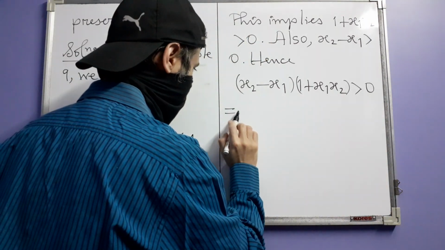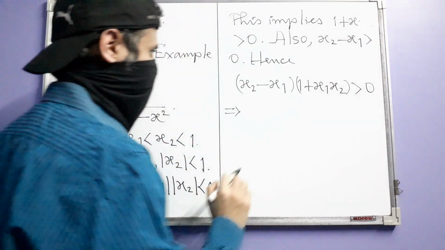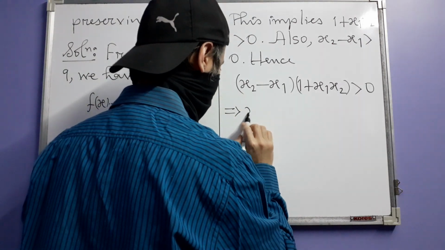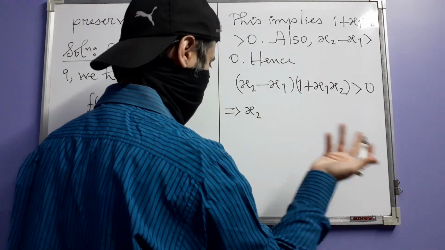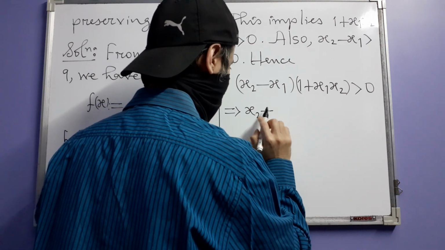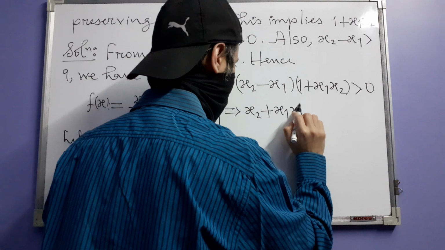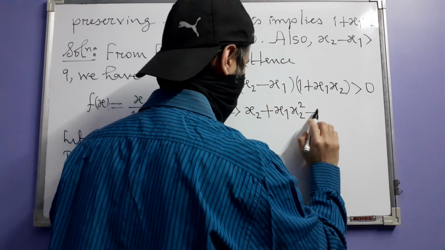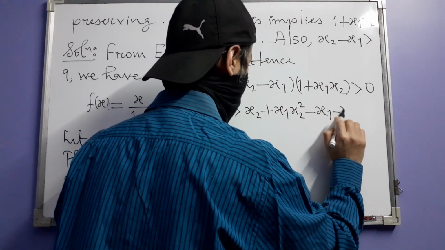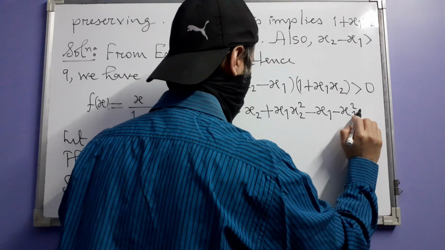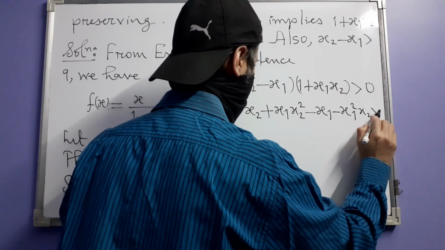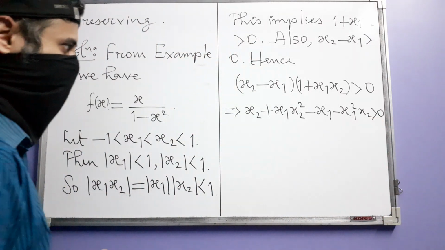Now let me do the multiplication actually. So if I multiply by x2 using distributive law, usual stuff, then I get x2 plus x1 x2 squared, and then minus x1, minus x1 squared x2, this is greater than 0.